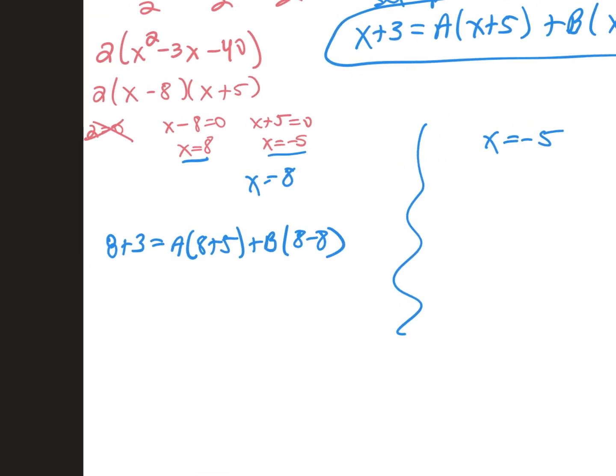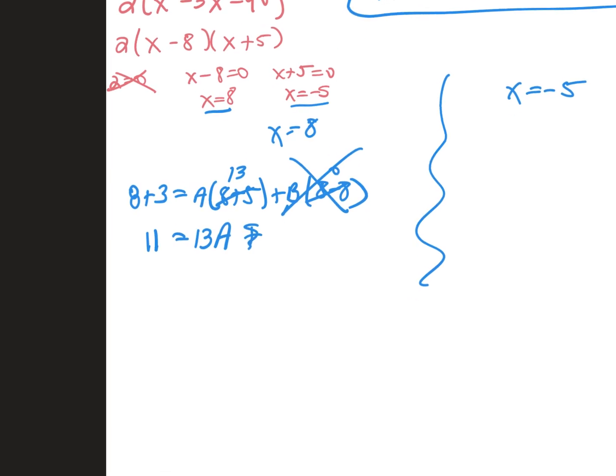So 8 plus 3 is 11 equals 8 plus 5 is 13, and 13 times a is going to give me 13a, plus 8 minus 8 is 0, so this is just going to cancel out. Divide both sides by 13, and I get a equals 11 over 13.